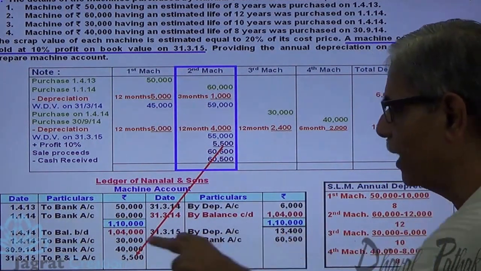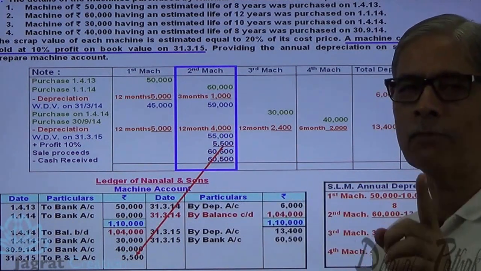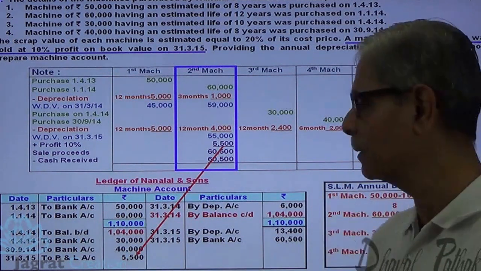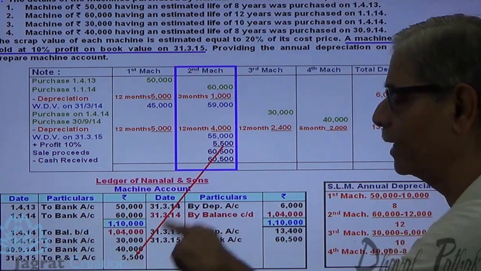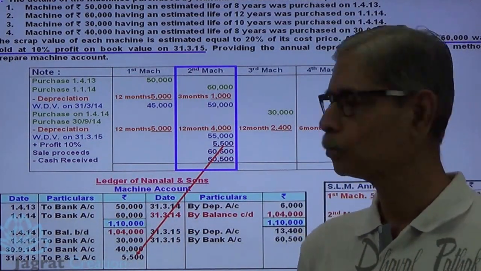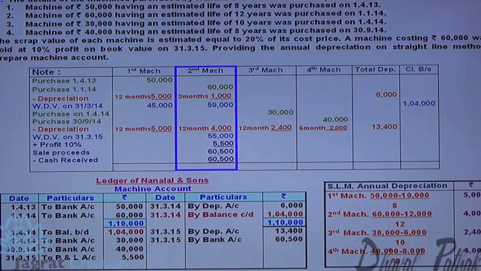So 60,500 minus 5,500, so net book value on the date of sale. Book value on the date of sale is to be worked out after depreciation. So 55,000 is to be credited. The difference of 60,500 and 5,500, 55,000, is credited in this fashion. So this is how the sales transaction is recorded.